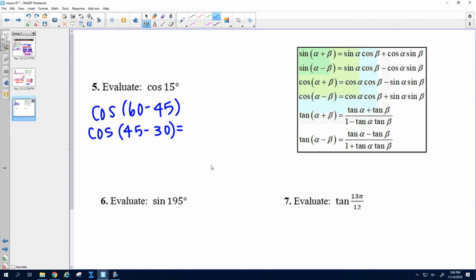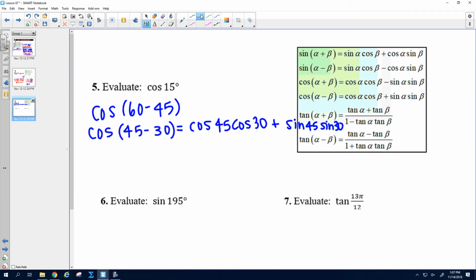Let's try it. So we're going to use our cosine formula, which is cosine, cosine, sine, sine, and we change signs. So it goes cosine 45, cosine 30, and then it's plus sine 45, sine 30. These simplify very nicely.